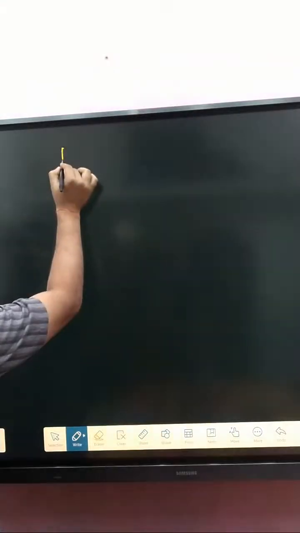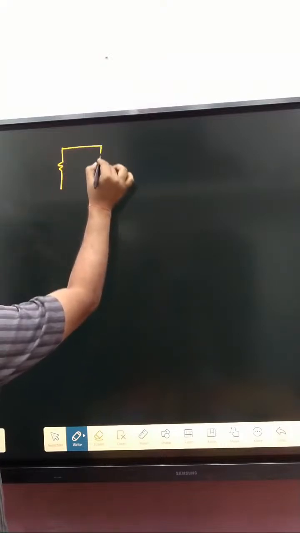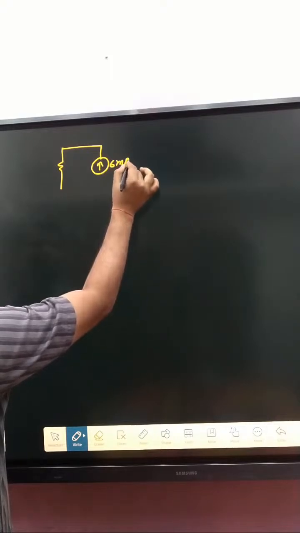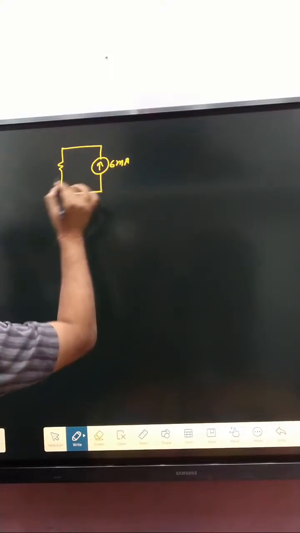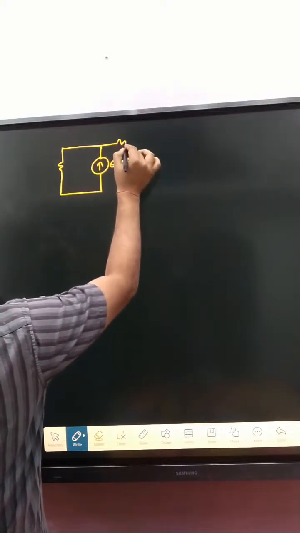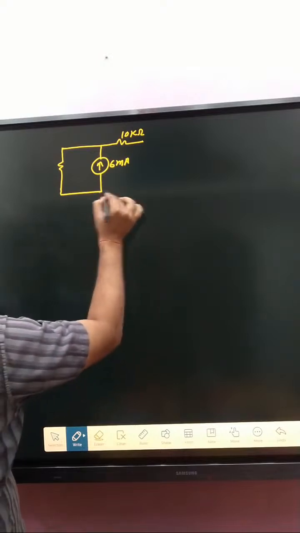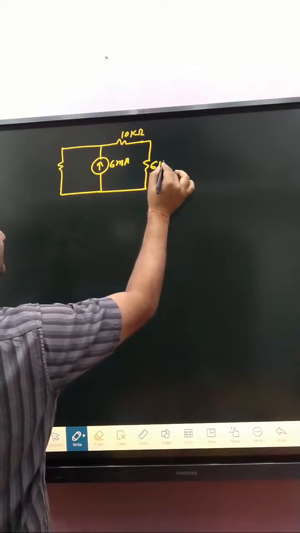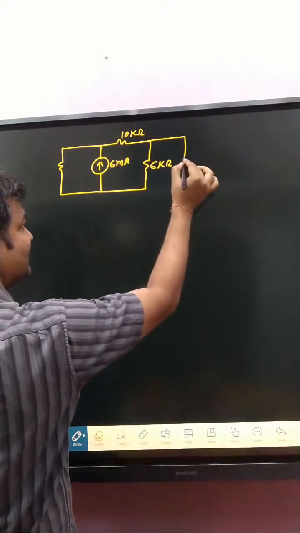That one is 12 kilo ohm. A current source of 6 milliampere. And that one is 10 kilo ohm. And that one is 6 kilo ohm. And here that is 3 kilo ohm.